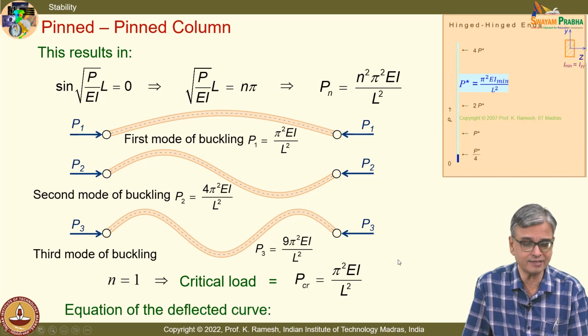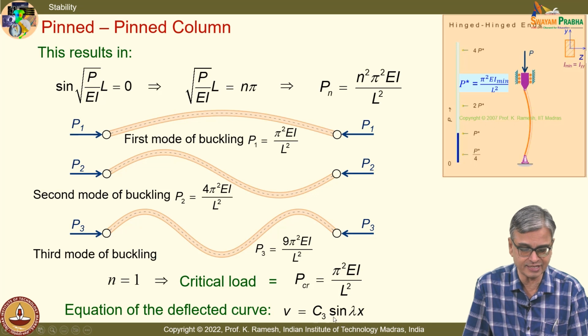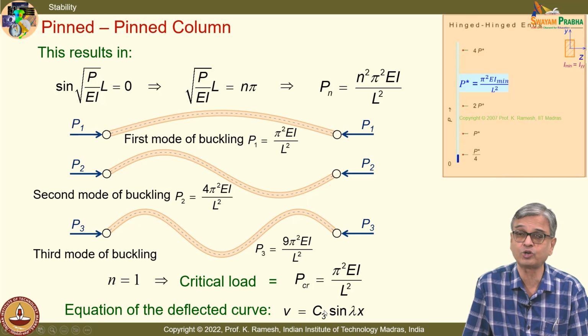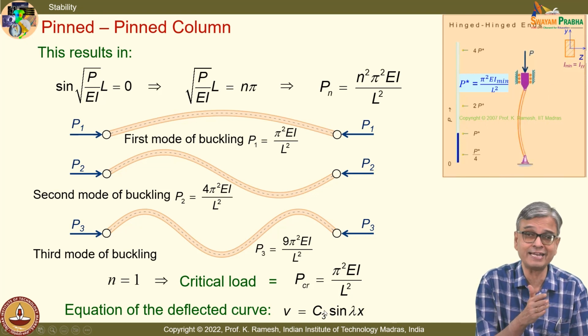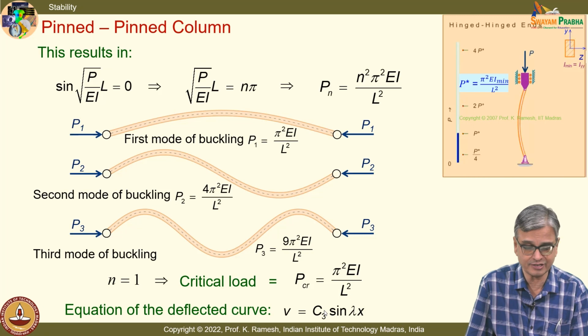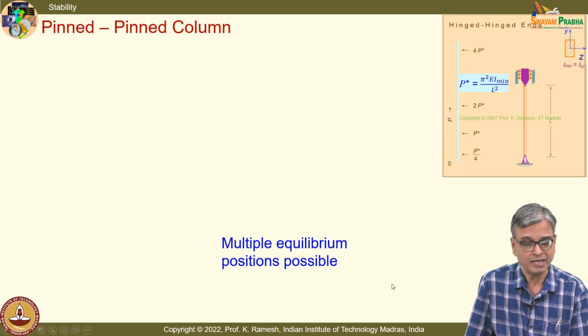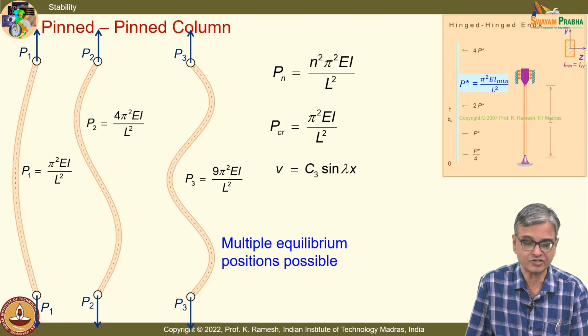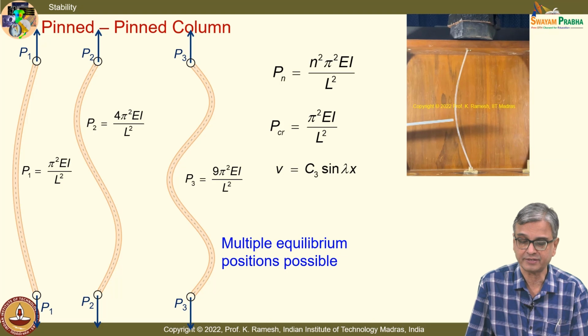Now, let me look at this deflection curve as C3 sin lambda x. So, you are not in a position to find out the magnitude of C3, because you have linearized the moment curvature relation, and you have multiple equilibrium positions possible, and let us see the experiment.